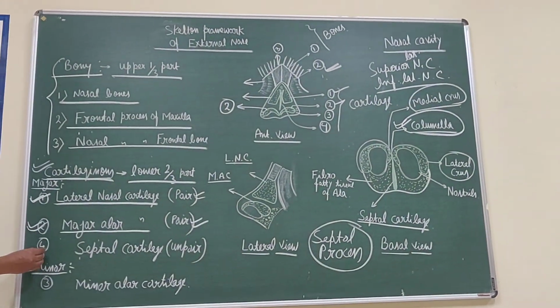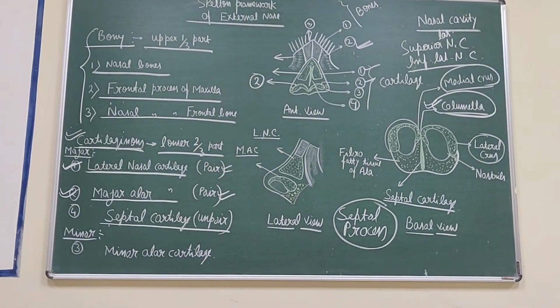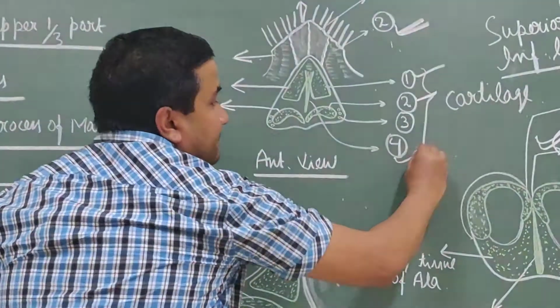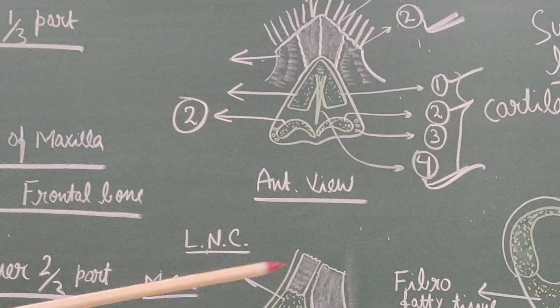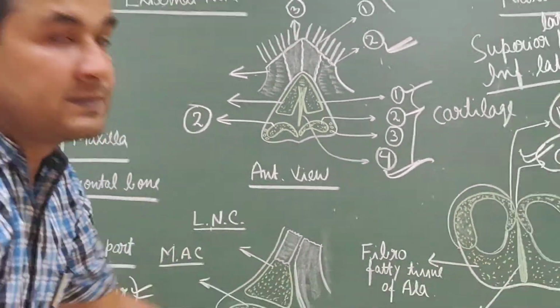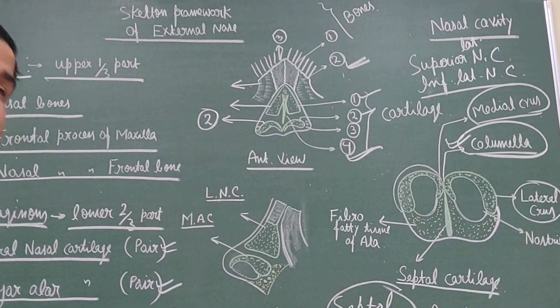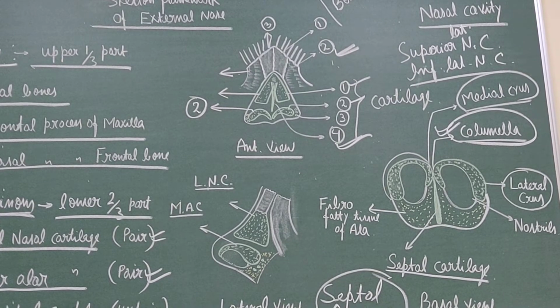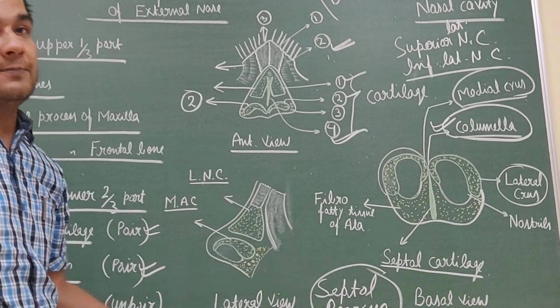Then the unpaired cartilage, it is the septal cartilage. It participates in the formation of the nasal septum, and the nasal septum is the structure that divides the nasal cavity into two halves.